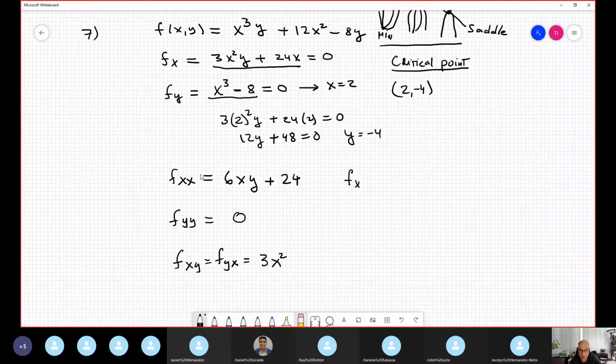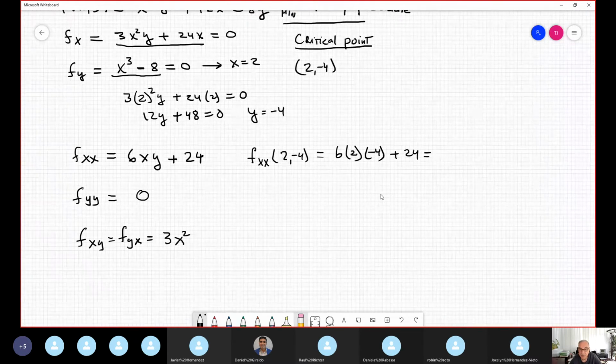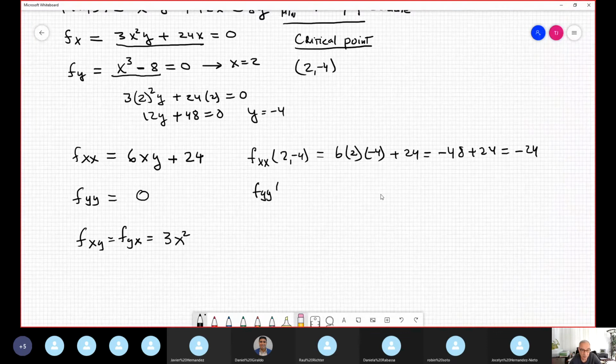You evaluate fxx at our specific point, 2, negative 4. Entonces it is 6 times 2 times negative 4, which is y, plus 24. This is negative 48 plus 24, which is negative 24. And fyy is 0, independent of the point.